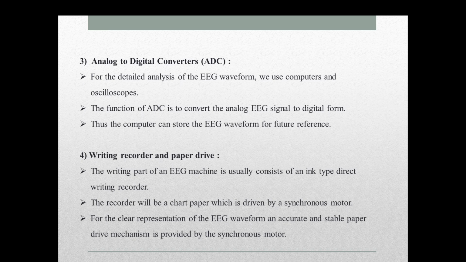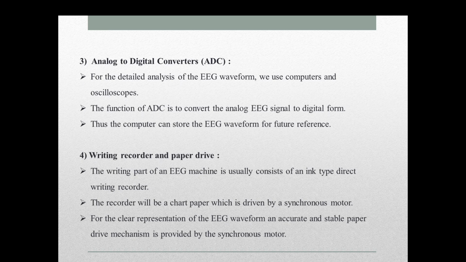Computers can understand only digital input. But we send the waves in analog form, so for the understanding of the computer, we use the analog to digital converter, which converts the analog signal into digital, that is zeros and ones, which can be understood by computers. So this converts the EEG signal into digital form, which can be stored by the computer for future reference.